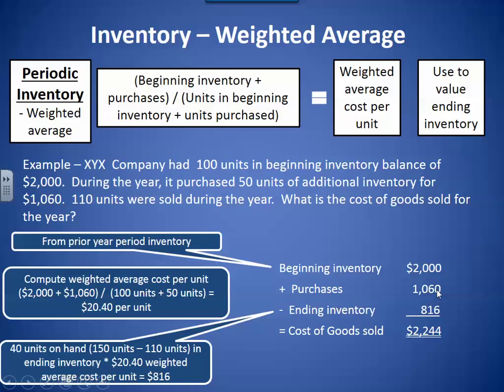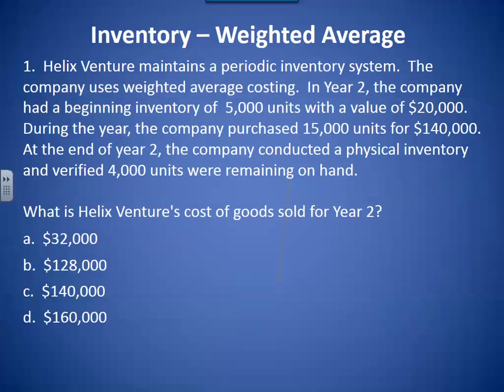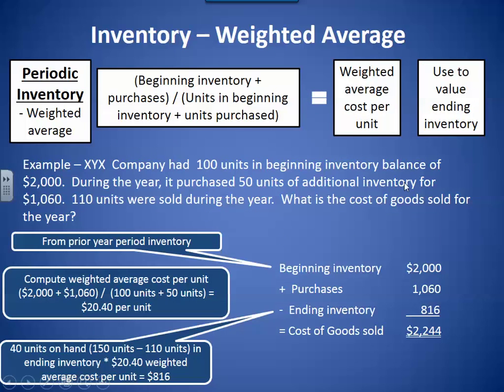Again, that totals to total cost of goods available for sale in the accounting period of $3,060. From that, we subtract the value of the inventory that wasn't sold, $816. So that means we have a cost of goods sold equal to $2,244. Okay, with this formula and process in mind, let's go ahead and take a look at question number 1.